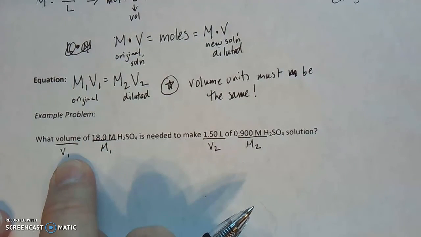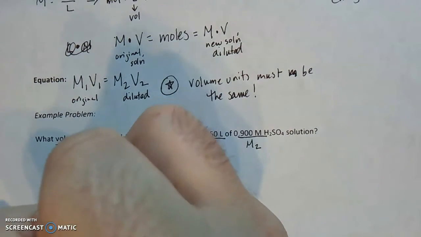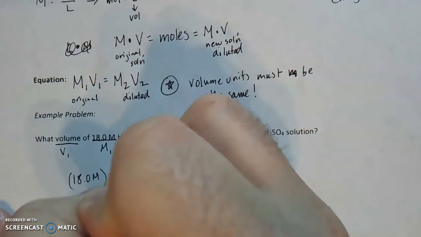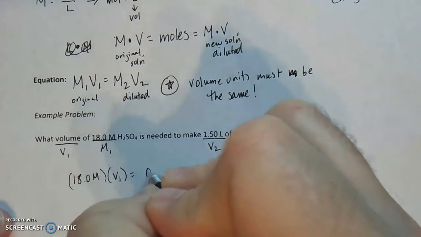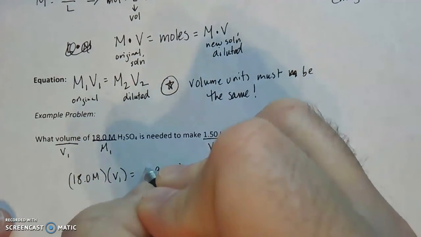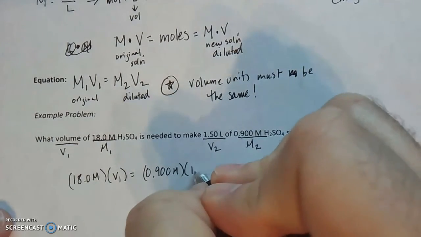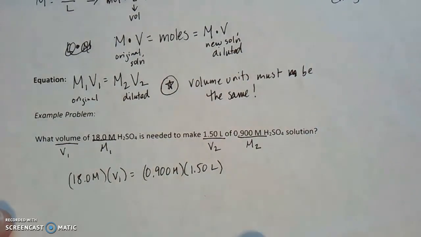is this, V1. So 18.0 molar times V1 is equal to 0.900 molar times 1.50 liters.